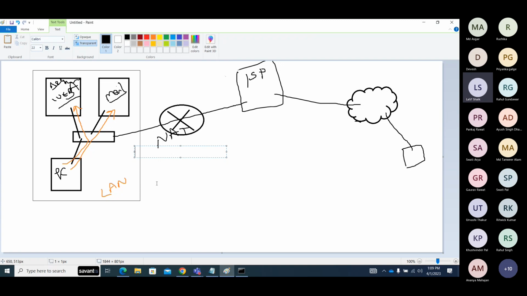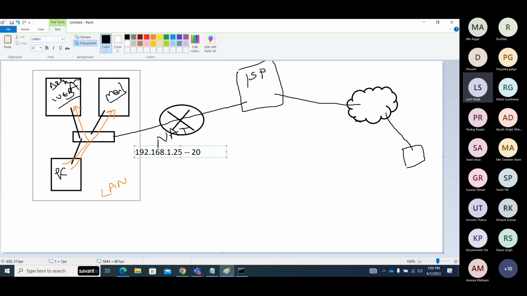For example, 192.168.1.25 is my mail server IP address, and I map this private IP to a public IP. I purchase one public IP address and map it like this.